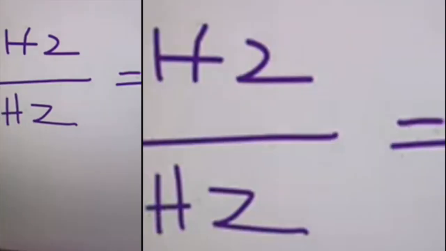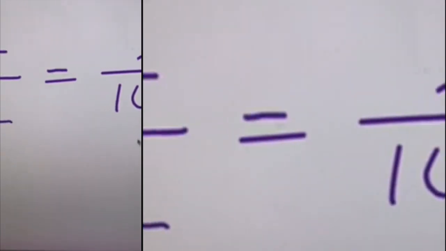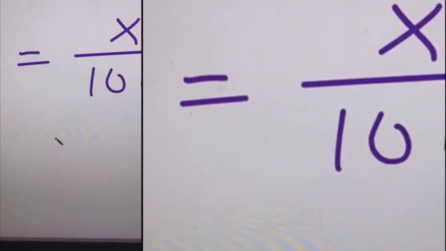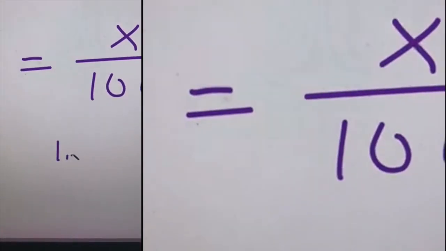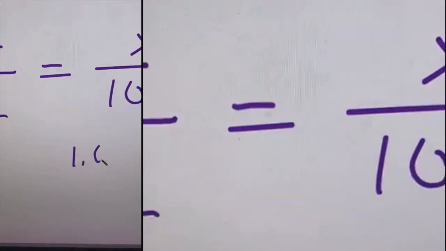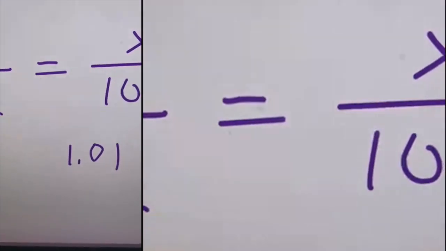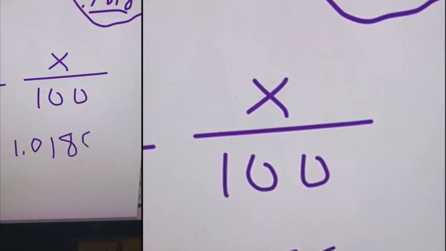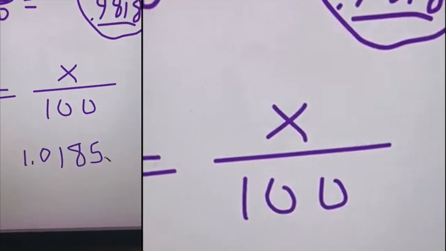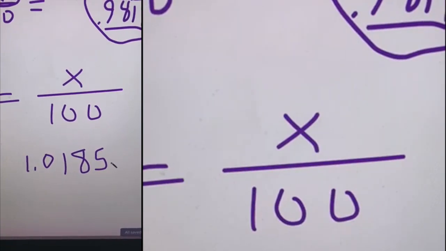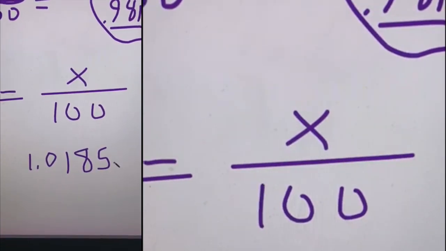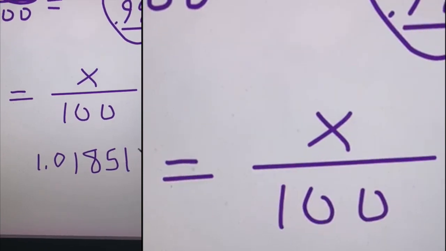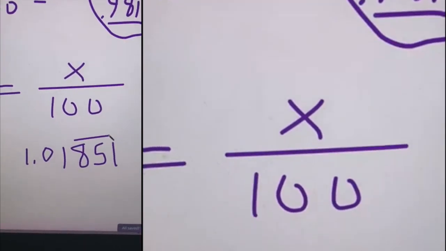So I'm going to write that down over here. All right, so the answer is 1.0185, right? And the 185, it just repeats forever. I'll just call it 851. So the 851 repeats forever, right?